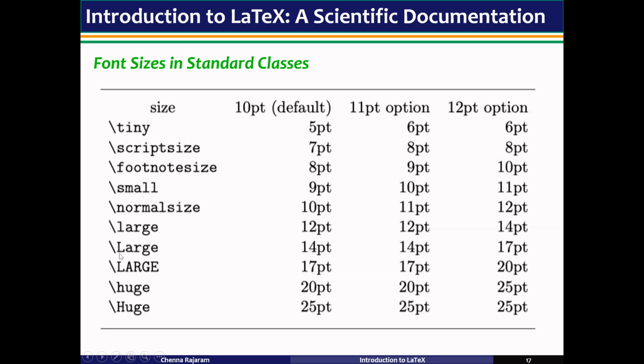When you provide a capital L, it refers to 14 point size. If you provide a lowercase l, then it gives 12 point size. If all letters are uppercase, \LARGE, it refers to 17 point size. \huge refers to 20 point, and if the first letter of Huge is uppercase, \Huge, it refers to 25 point.